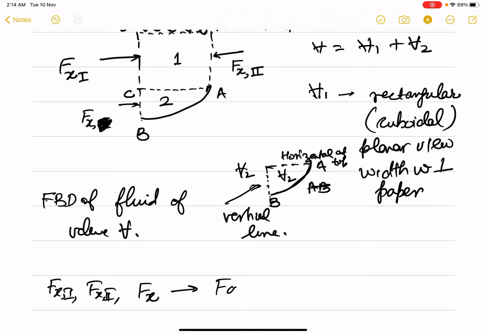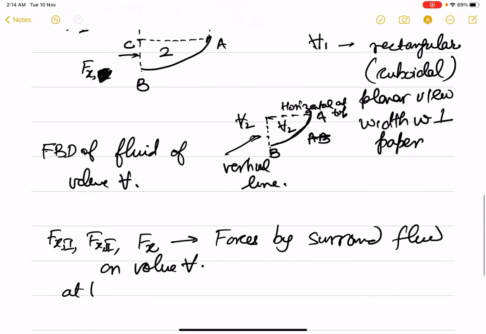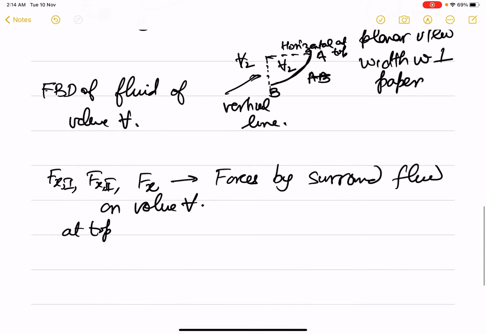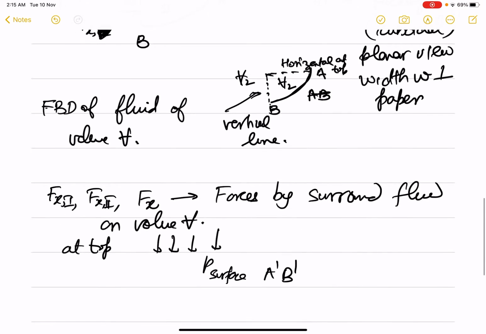These are the forces by surrounding fluid on the volume V. At top we have P surface times A prime B prime. Now these are the forces due to the surrounding fluid.